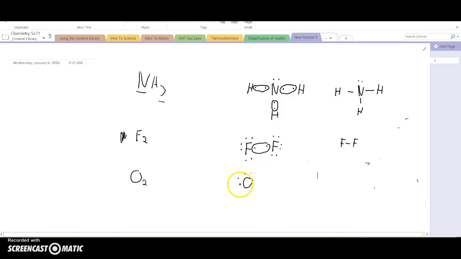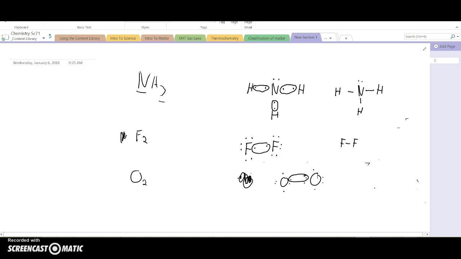So oxygen has 1, 2, 3, 4, 5, 6 valence electrons. 1, 2, 3, 4, 5, 6 valence electrons. So we're going to share a pair of electrons. And now we have a bond.